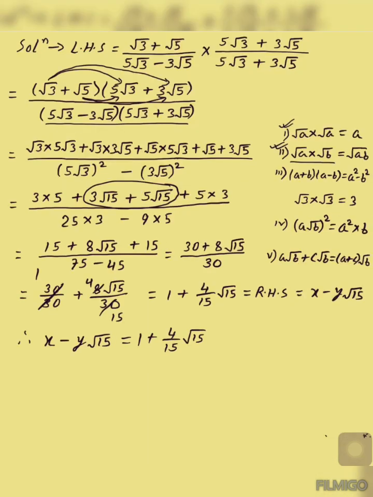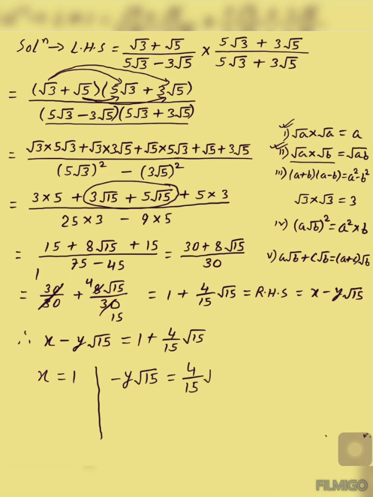Now in the left hand side, x is the rational part, and in the right hand side 1 is the rational part where there is no irrational part along with it. So x is equated with 1, and then y in the left hand side is having under root 15, which is the irrational part, and in the right hand side 4 by 15 under root 15 is carrying the same irrational part over here, under root 15.